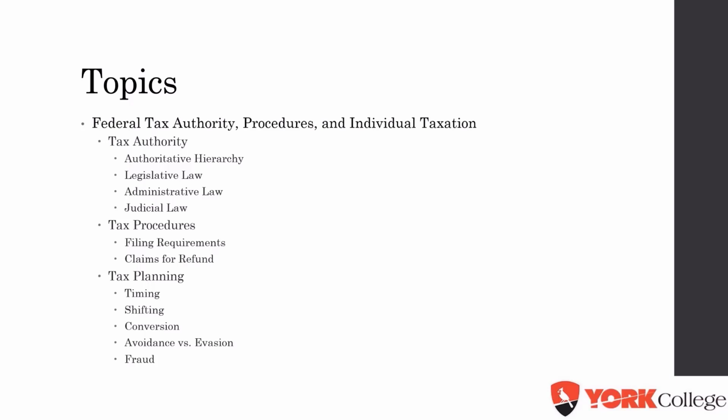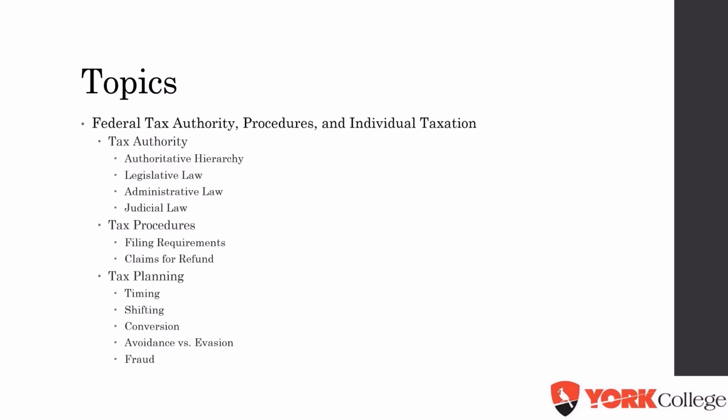And then in the third section, we'll be looking at strategies and different issues that may arise when a CPA or another type of financial professional is advising his or her clients in terms of tax planning in order to essentially provide the best services possible with a full understanding of what the law requires.